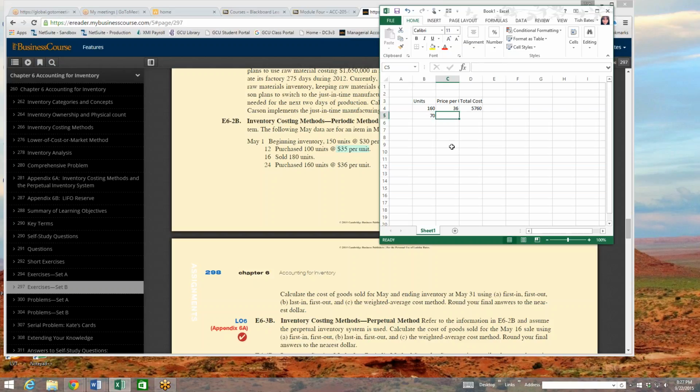And the last amount that you purchased was at $35 per unit, right? So you multiply that together, and if you want, you can just copy this down and it'll give it to you. So you have a total, because you just purchased those 160, so you're going to add these two up.